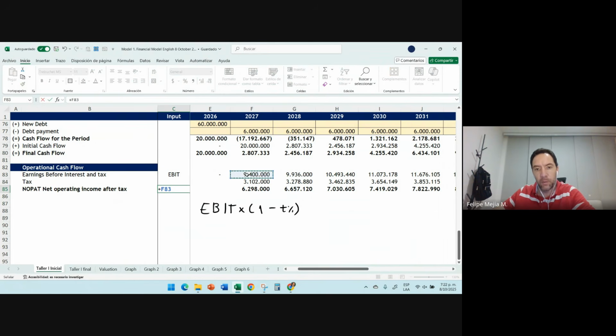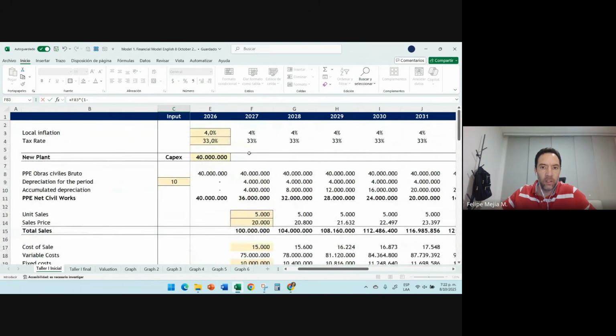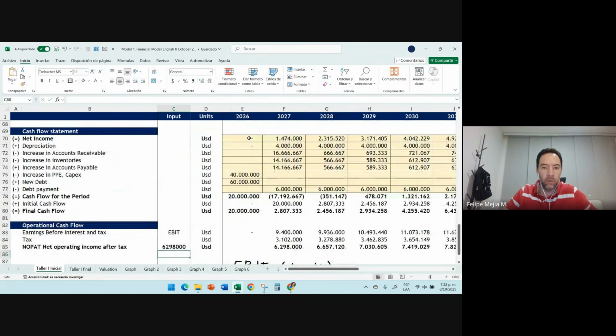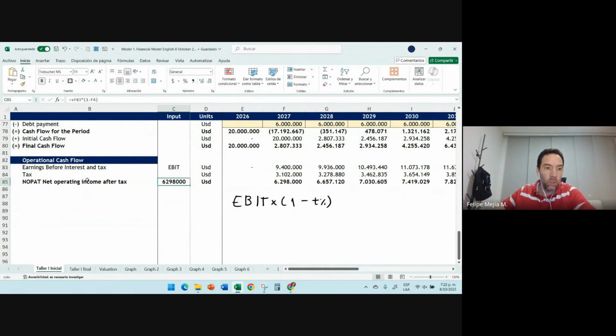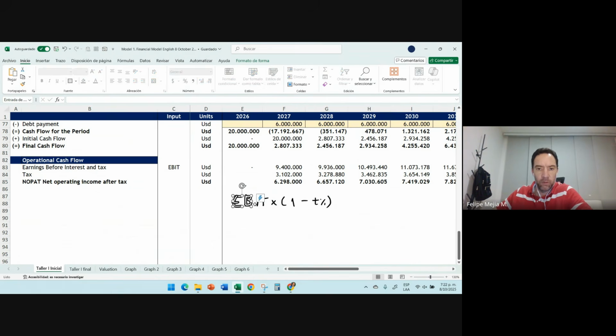If we take 9.4 million multiplied by 1 minus 33%, we get the same result. So just take that into consideration. What we will call in this class NOPAT, or net operating profit after tax, Damodaran calls EBIT times 1 minus the tax rate. But they're both the same, just so you know, especially when we're working on valuation.